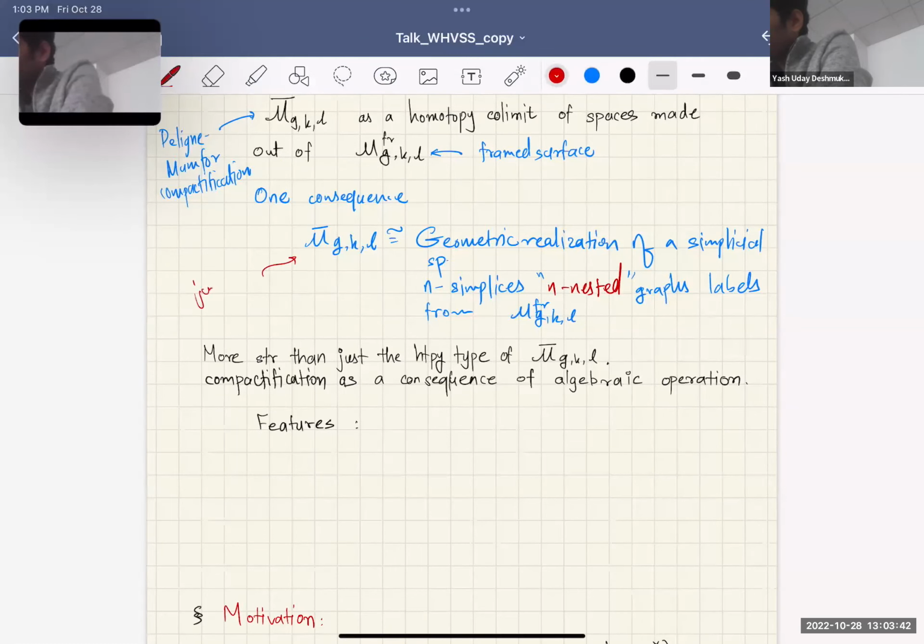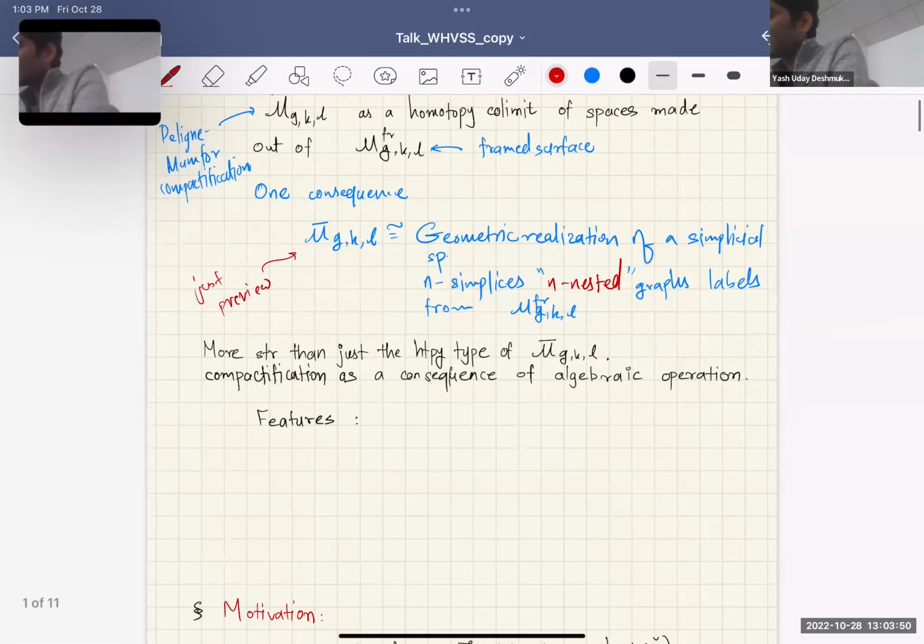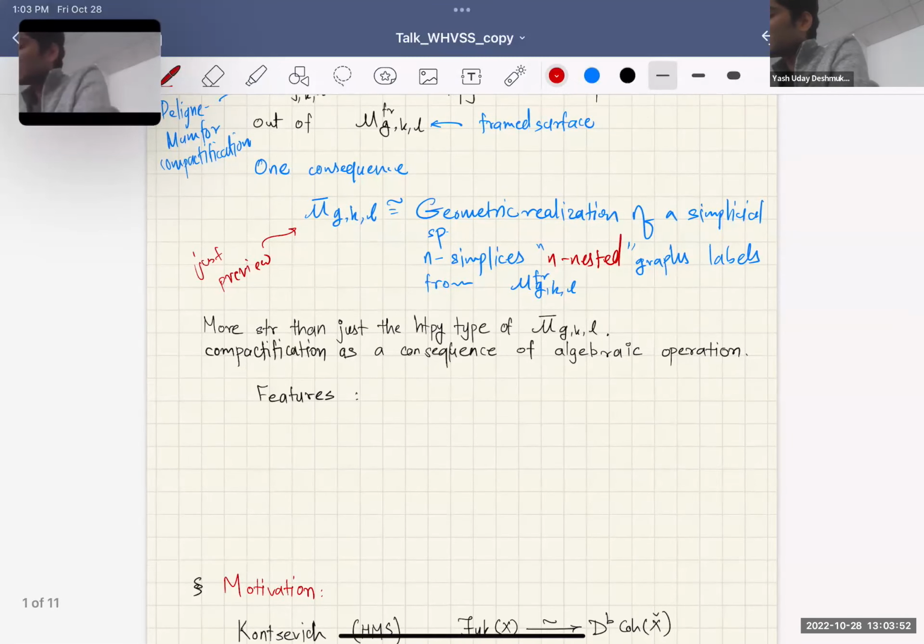Just for preview, the description we want to give is going to remember much more than just the homotopy type of the Deligne-Mumford space. It's actually going to remember some algebraic data. The idea is to try to express the Deligne-Mumford compactification as a consequence of doing some algebraic operation.